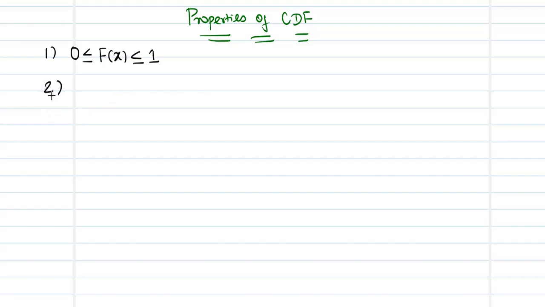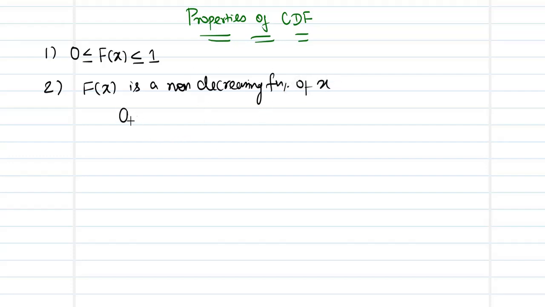Property number 2. If F of x is the cumulative distribution function, then F of x is a non-decreasing function of x. So what do we mean by this?